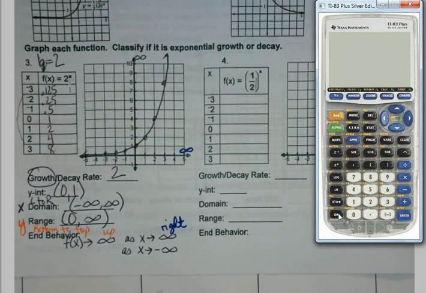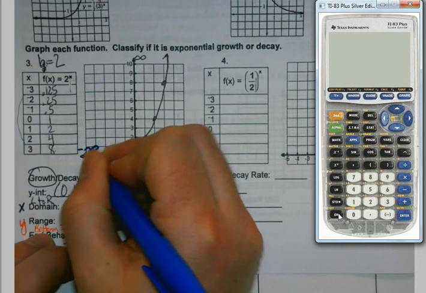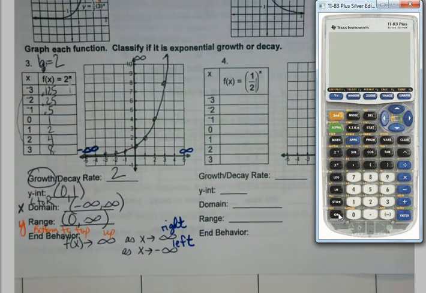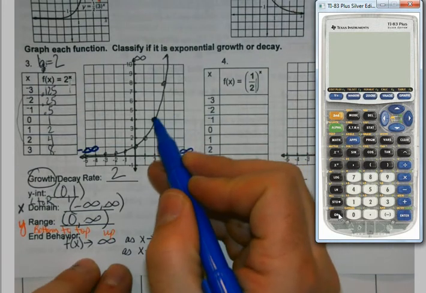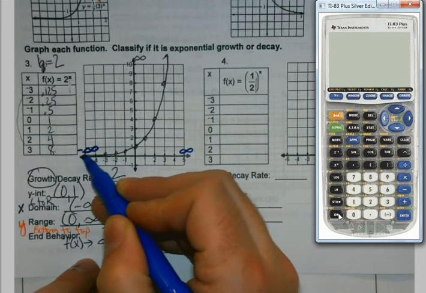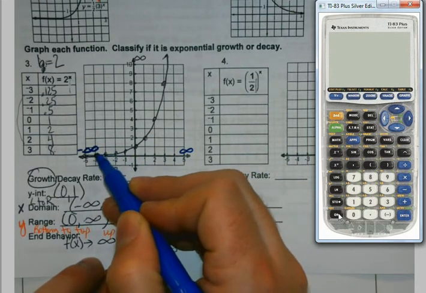Because then I do the same thing here. I go, okay, as x approaches negative infinity, or as x goes to the left, what is my y value approaching? Is it going down forever? No, it's hitting a wall.